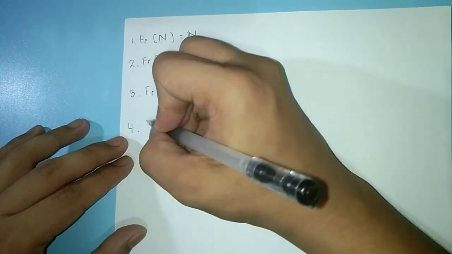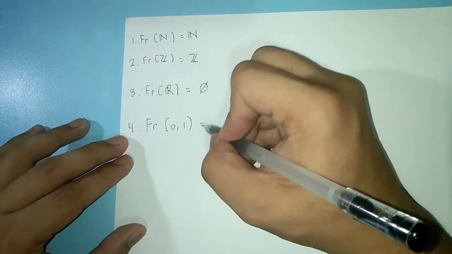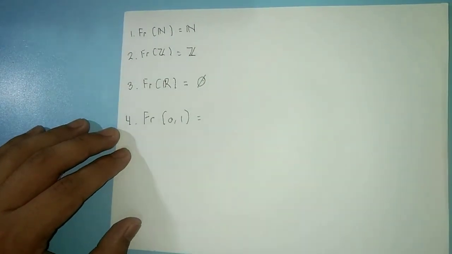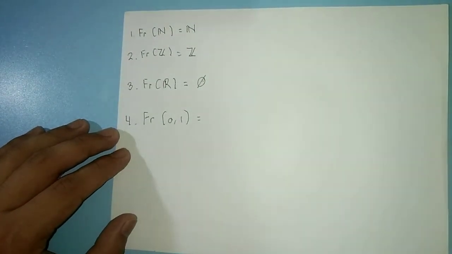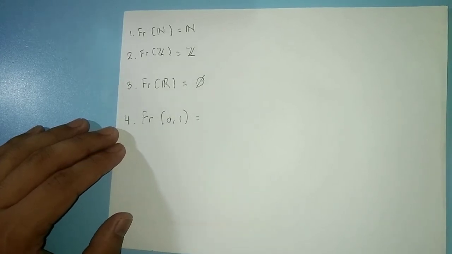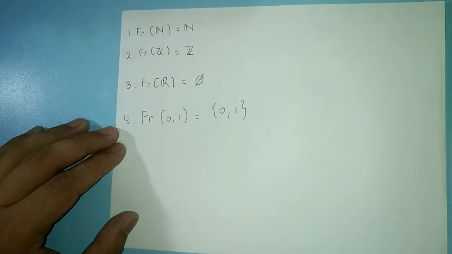Okay, so next, how about yung frontier ng open interval 0, 1? So kung ang 0 at 1 ay hindi interior points, tapos kinuha natin yung exterior ng 0, 1 at hindi rin natin sinama doon yung 0 and 1, ibig sabihin, frontier yung set containing 0, 1.